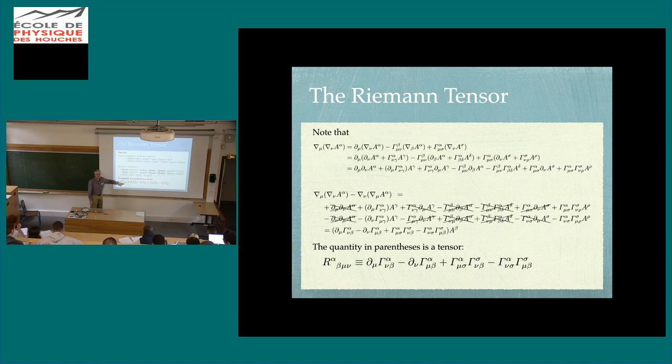How many components does it have? 4 times 4 times 4 times 4, which is, yeah, 256 components. And it looks like it's all those Greek letters. But there actually is an easy way to remember this.